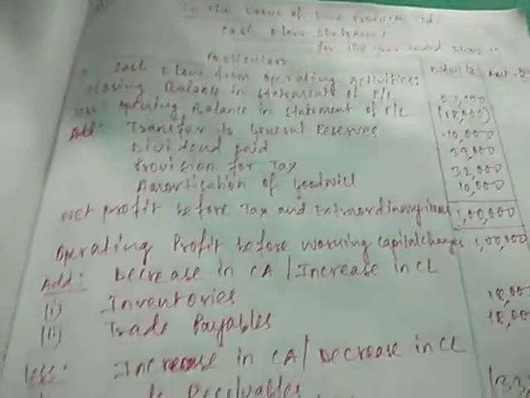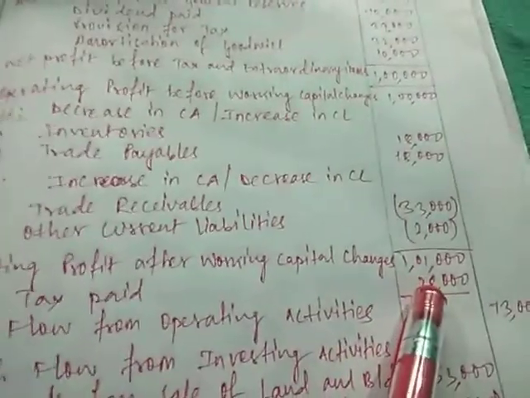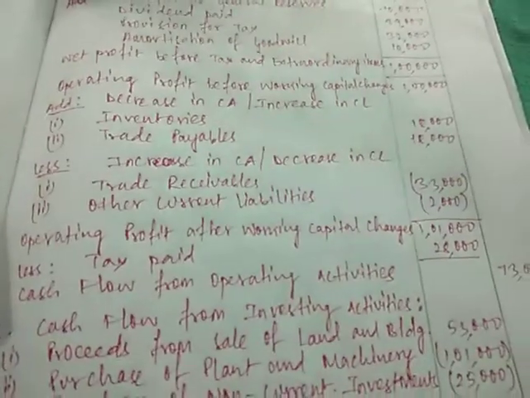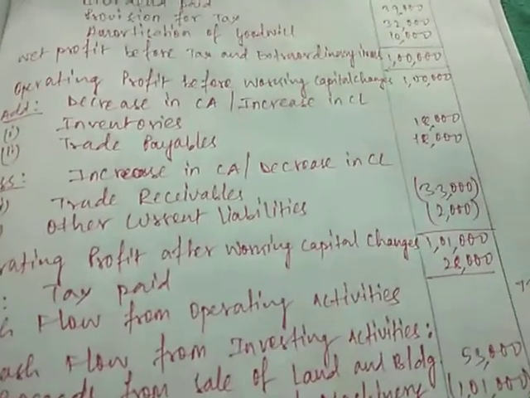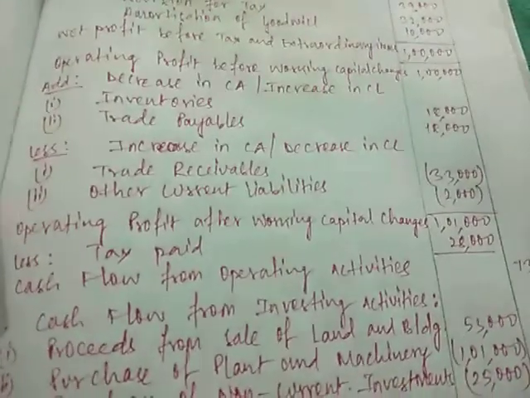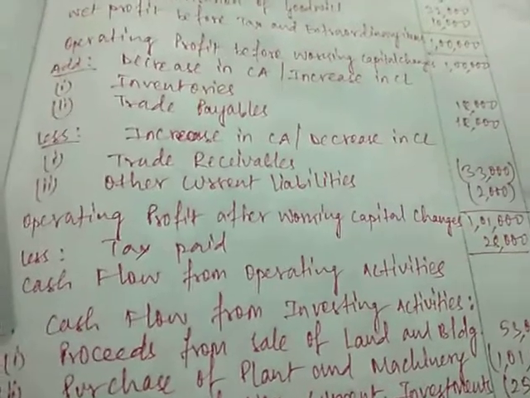But at the end of the operating activity, when we subtract tax paid, we'll subtract the provision for tax of the previous year. Whatever provision for tax was made in the previous year, that amount of tax has been paid in the current year. Please try to understand. Whatever provision is made in the previous year is the amount of tax paid in the current year.